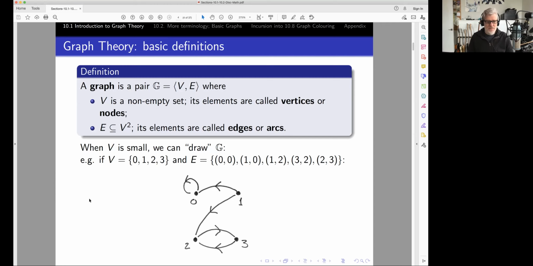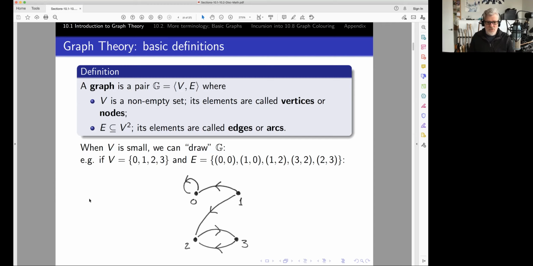The set V consists of 0, 1, 2, 3. These are the vertices of the graph. And E is the set of pairs (0,0), (1,0), (1,2), (3,2), and (2,3), which when you read it like that is sort of meaningless. It's just a bunch of pairs. But when you draw it, suddenly it has more intuitive content and we can see what's going on.